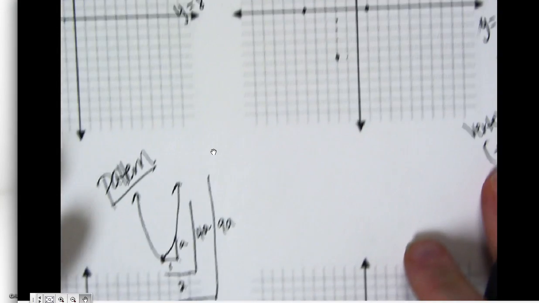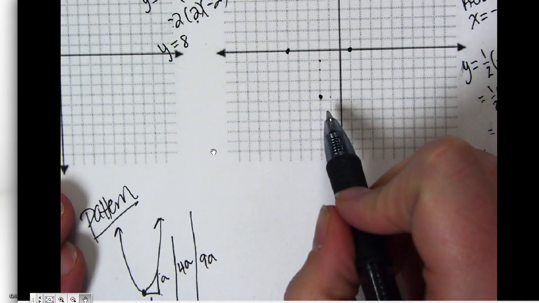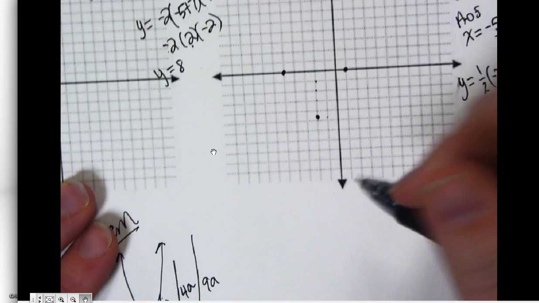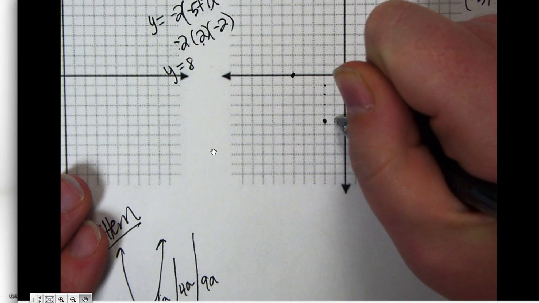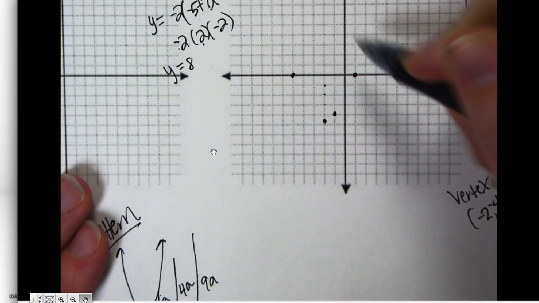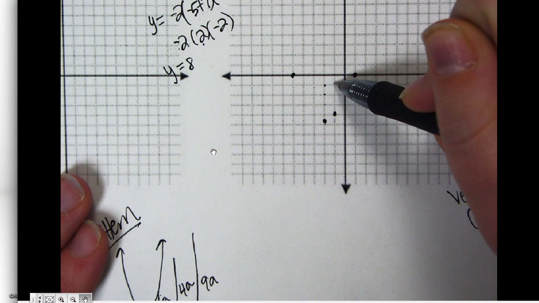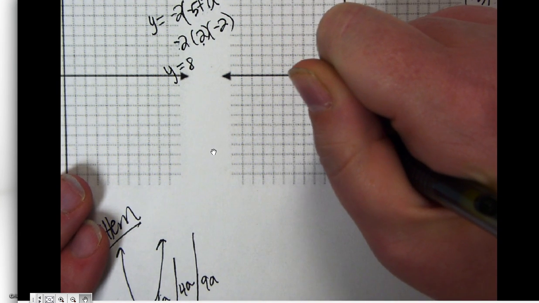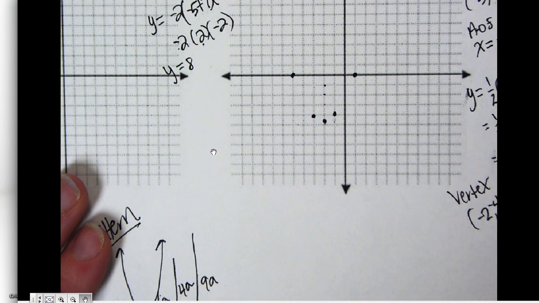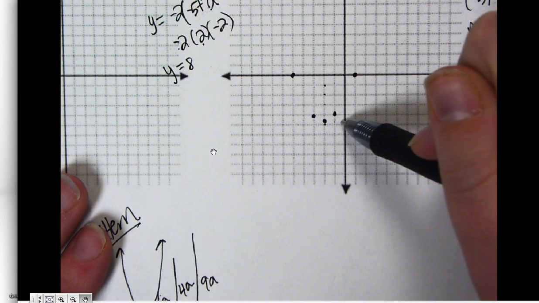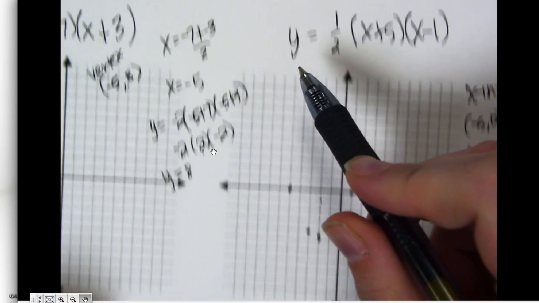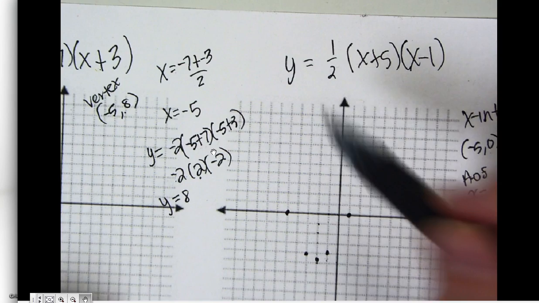So for our problem, we're going to go right 1, and then we're going to go up 1/2. So right 1 and then up 1/2 gets us to the ordered pair (-1, -4). By symmetry, I can find the other point. What happens if I go right 2? Well, right 2, I usually go up 4, but I'm only going to go up half that height because our stretch factor is 1/2.